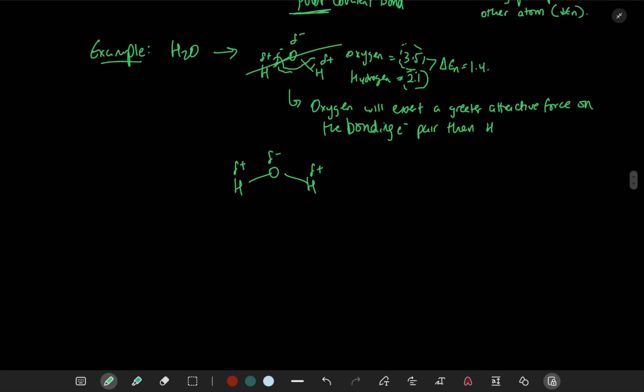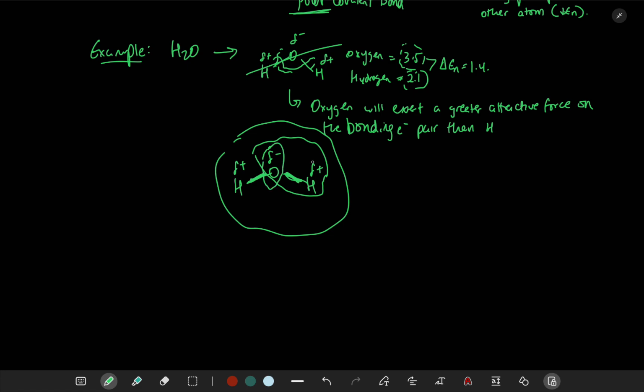So in the case of water, right, we have unequal sharing across these bonds here and across this bond here, right? Because oxygen is pulling that electron density towards itself. And so because of that, there's going to be two poles to this bond. So if you just isolate this bond here, we have a negative pole here at the oxygen end and a positive pole here at the hydrogen end, right?